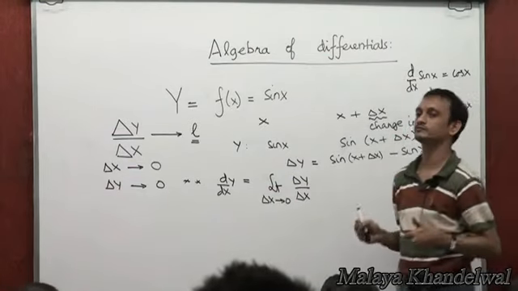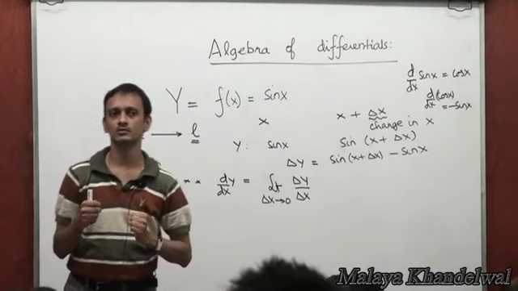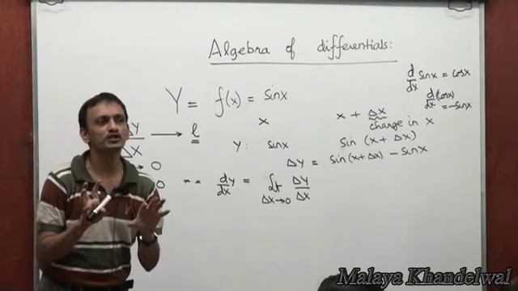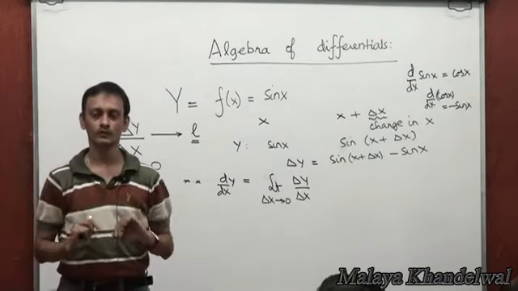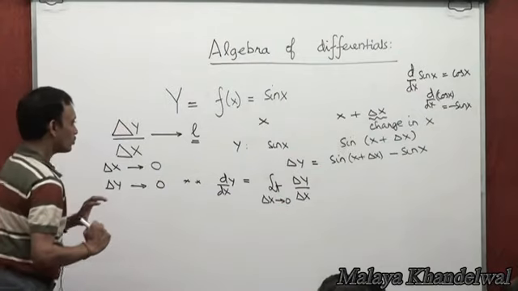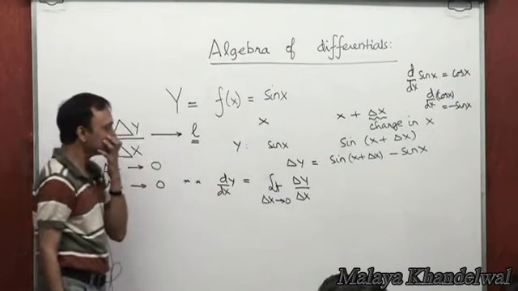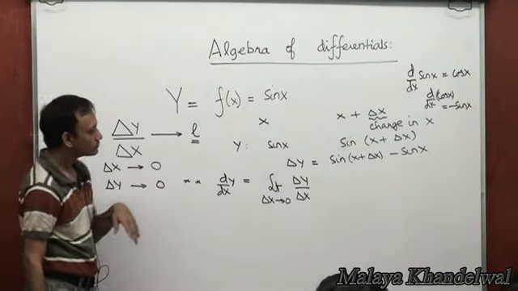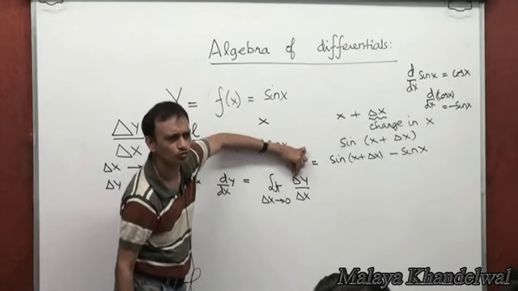But now I would allow your minds to wander a little bit and not get confined to just this understanding. In this description, delta y comes closer and closer to 0.